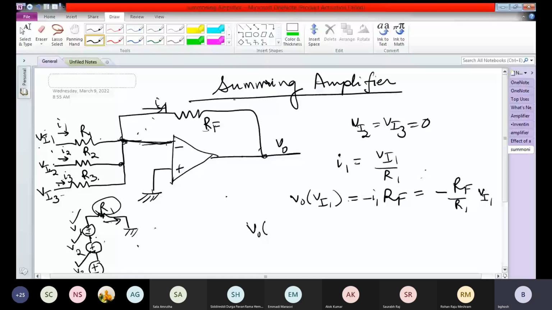This is the statement of the superposition theorem, which is applied in low frequency circuit analysis, and also in high frequency circuit analysis in a much more complicated form, because there you have integral and differential equations. But anyway, let's keep that aside.